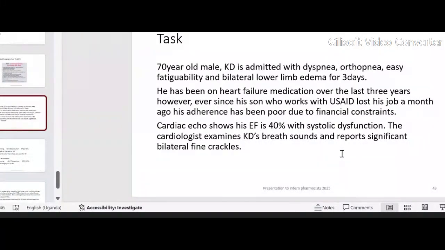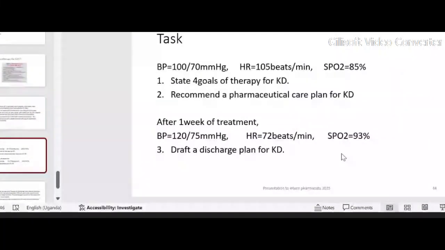Okay, well done. Any other abnormal issue? The patient's presenting complaints like dyspnea and edema for 3 days are also abnormal. So, what are the goals of therapy? I just need one from each of 4 people.